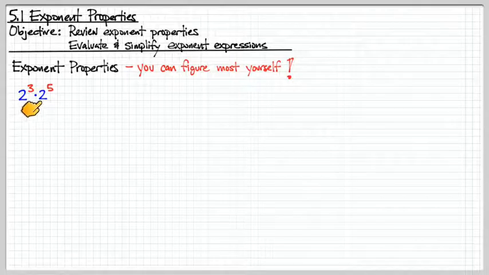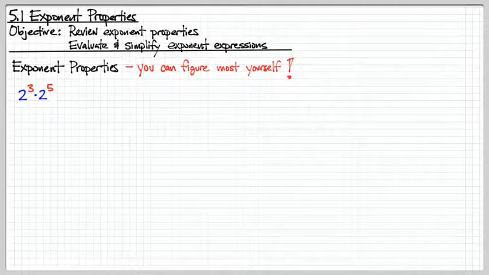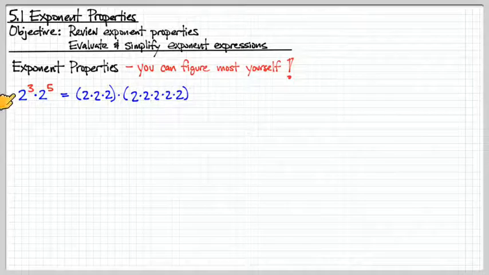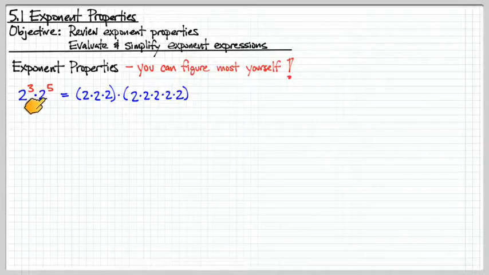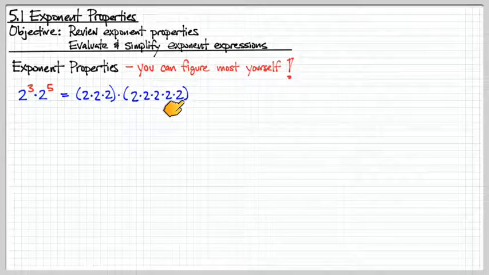So let's look how we can evaluate this expression here, and let's first expand it out using what we know is the kind of definition of exponents. 2 to the third is repeated multiplication of 2 3 times. 2 to the fifth is multiplication of 2 5 times.